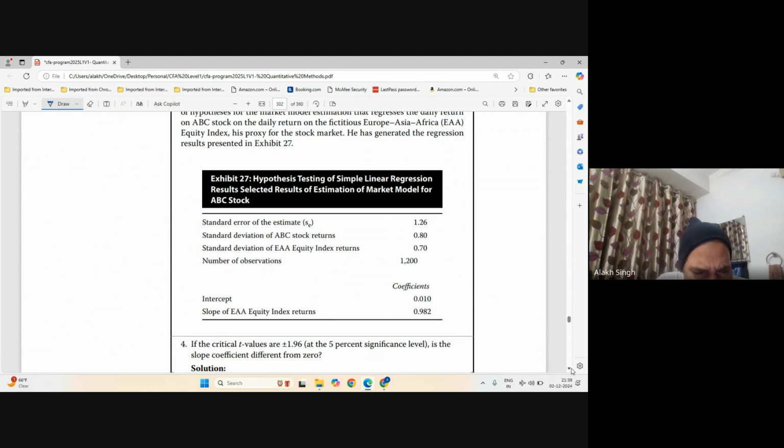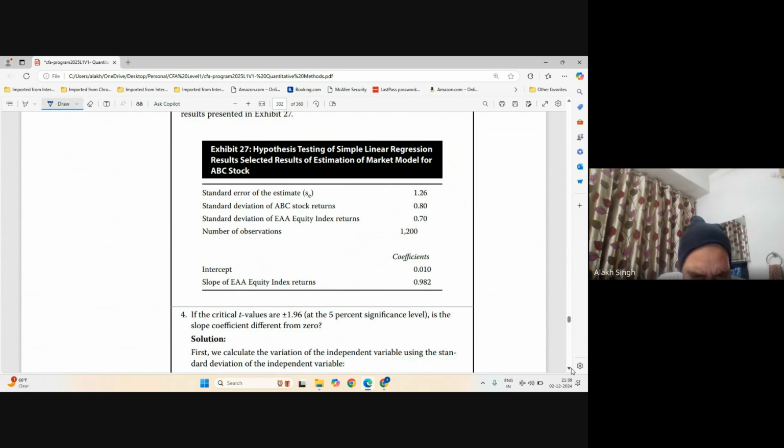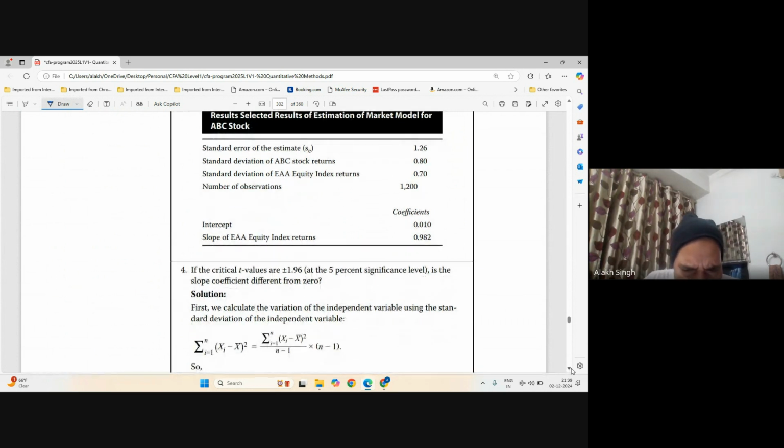Let's see whether it is the standard error of beta or the standard error of the model. Probably we first need to calculate the variation of the independent variable using its standard deviation, that is, sigma (xi minus x bar) whole square divided by n minus 1. That's a bit longer, and the information has not been given.